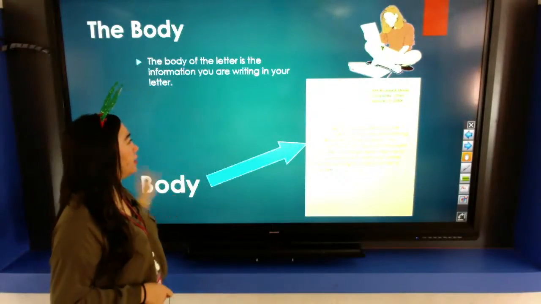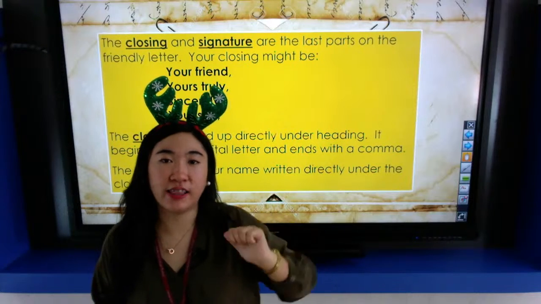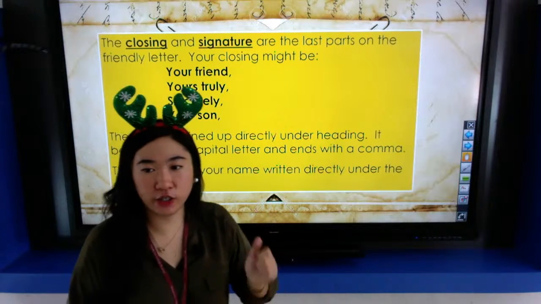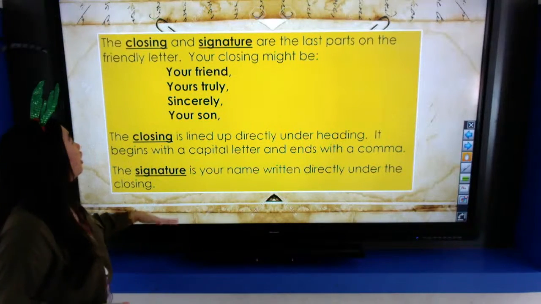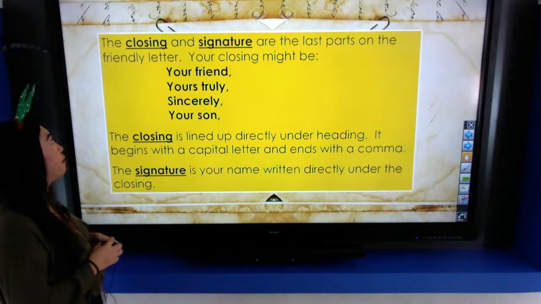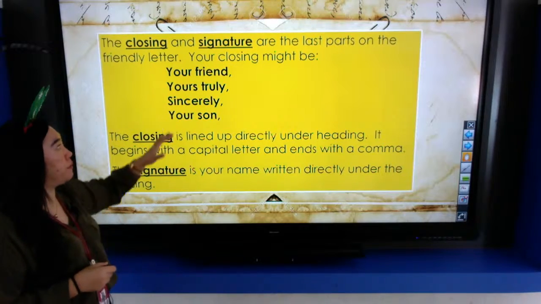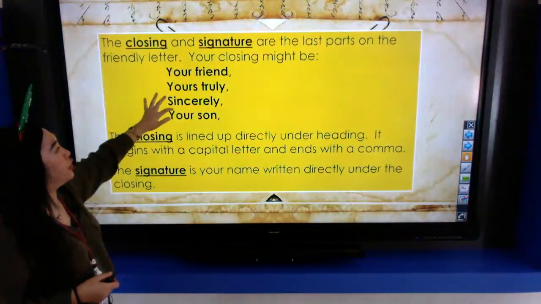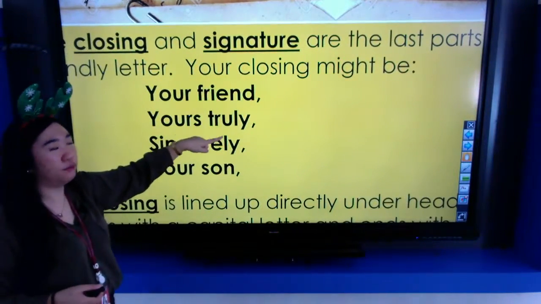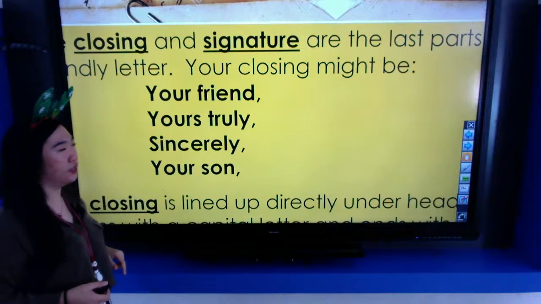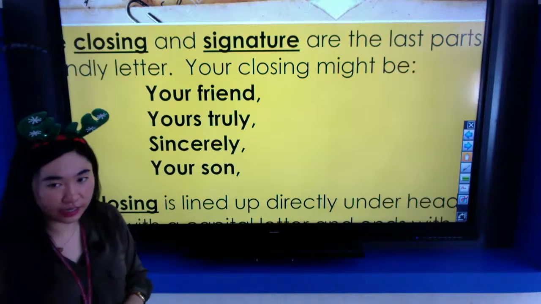The next part, the last two parts, is the closing and the signature. Again, what are the last two parts? Closing and signature. Closing and signature are the last parts of the friendly letter or informal letter. Your closing might be: your friend, comma; yours truly; sincerely; your son; or your friend, comma.